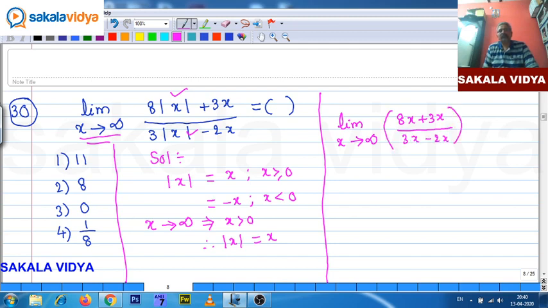So let it be simplified now. So this equals 11x by x, limit x approaches to infinity, x gets cancelled. If limit is applied to a constant function, you get the constant only. So 11 is the right answer.